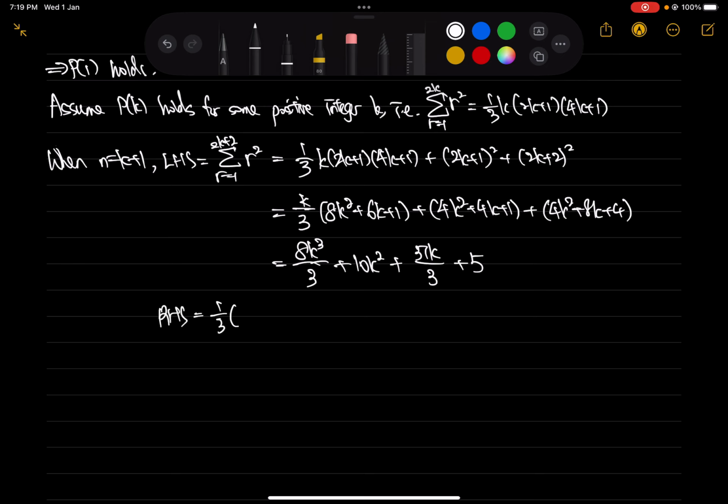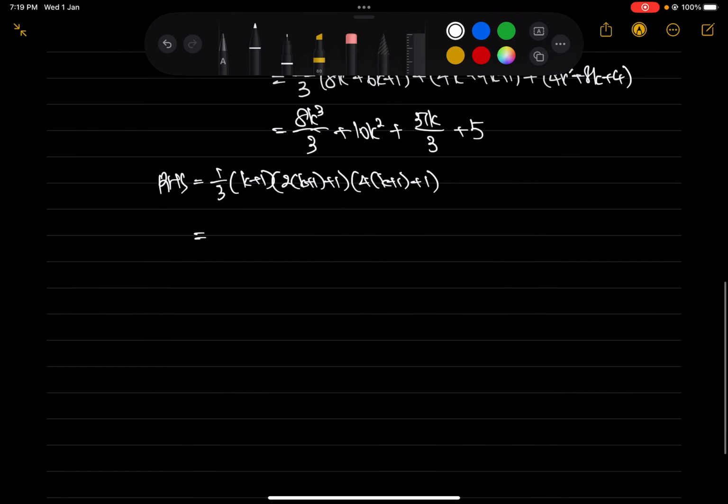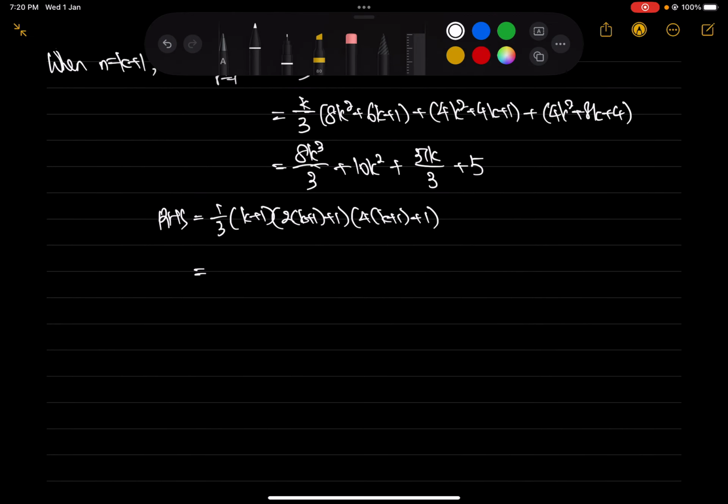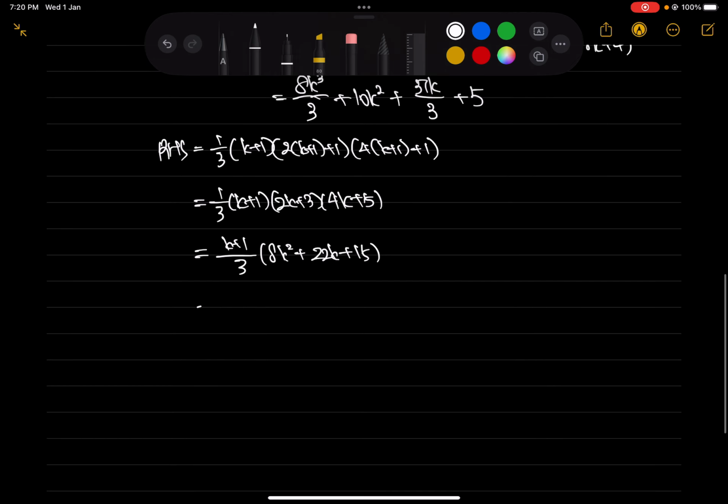We have 1 over 3 k plus 1, 2k plus 1 plus 1, and then 4k plus 1 plus 1, which means we have 1 over 3 of k plus 1, 2k plus 3, and then 4k plus 5, which means we have k plus 1 over 3 of 8k squared plus 22k plus 15.